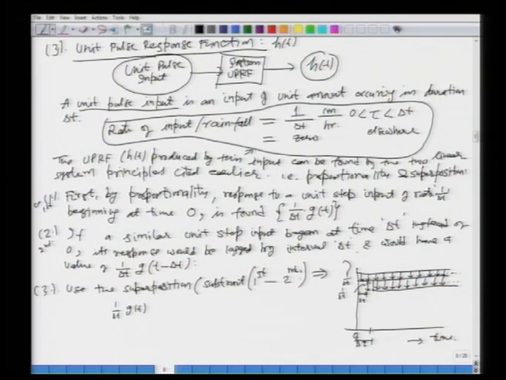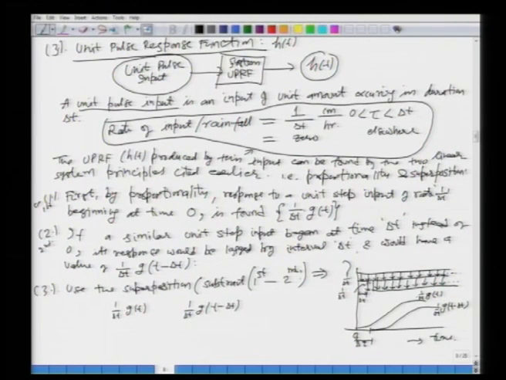So, this is 1 by delta t g of t minus delta t, that is the input, and then there is a response from this in terms of this hash curve, the other one is this, all right. So, let us say this is the first one and this is the second one, g of t minus delta t, and then there is 1 upon delta t, of course, all right.